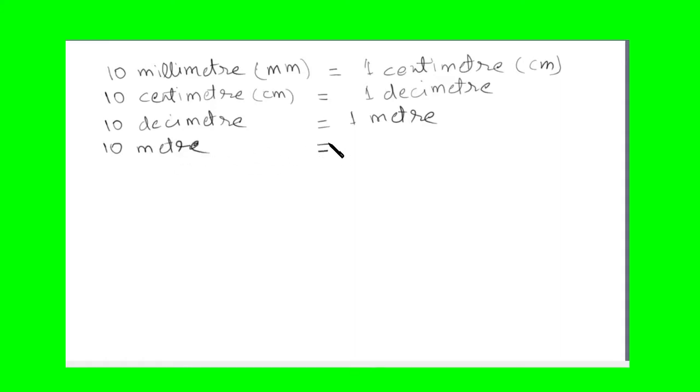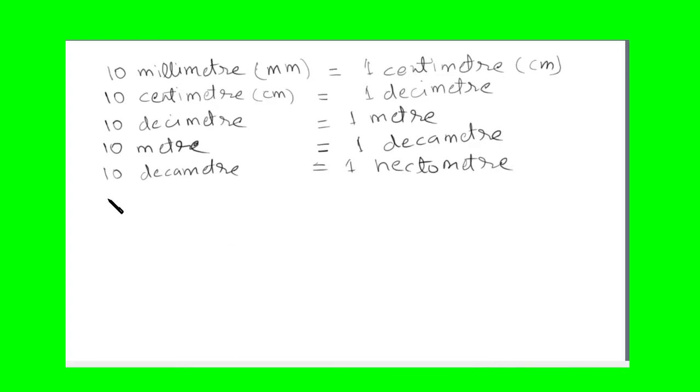Ten meter equal to 1 decameter. Ten decameter equal to 1 hectometer. Ten hectometer equal to 1 kilometer.